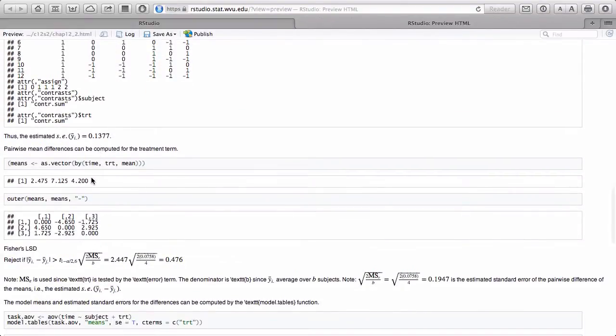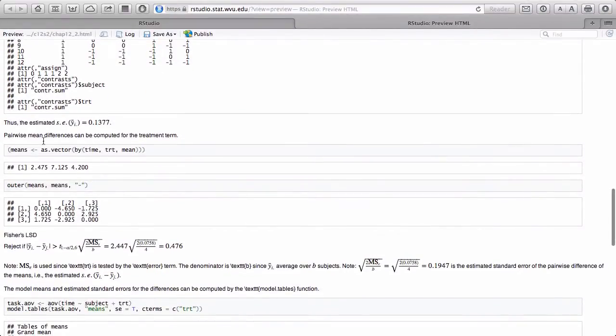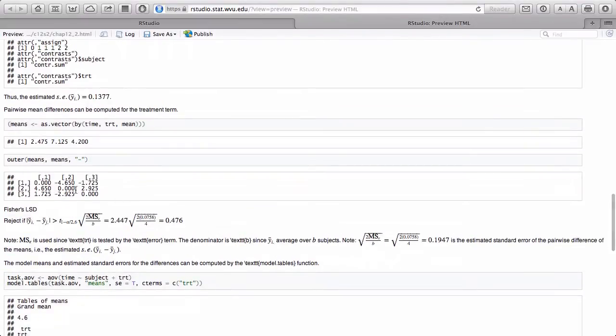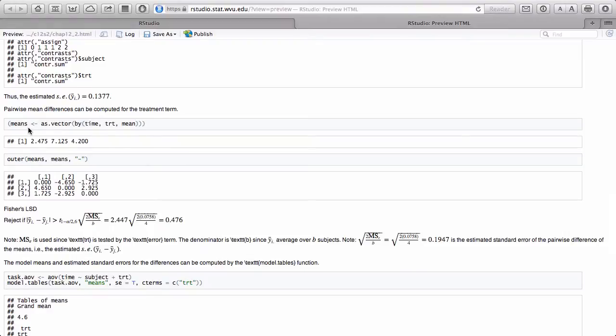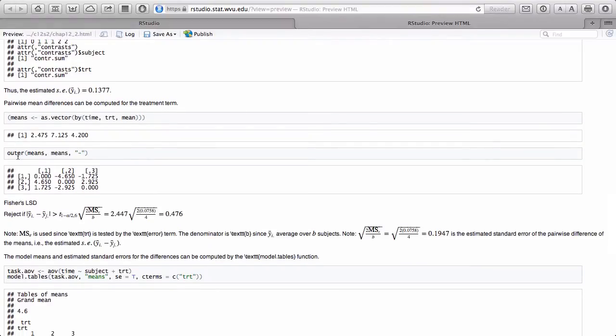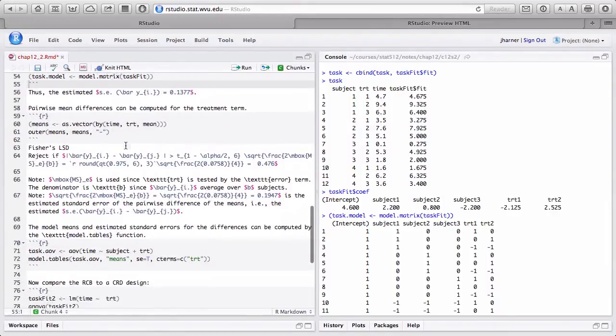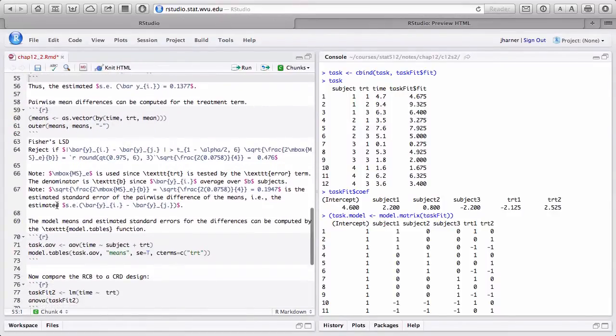So this does the same thing, except it makes it into a matrix. Now what I'm doing there is, when I said with the means, I made them into a matrix, and therefore I'm taking the differences. Let me go back a minute.